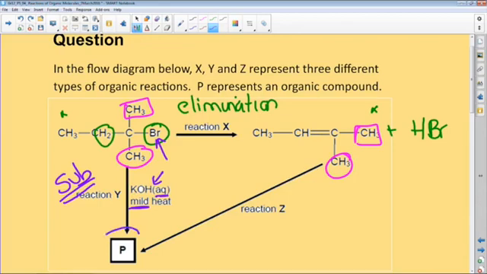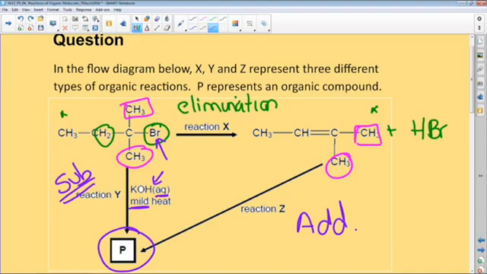Because this compound is created by both of these, by the haloalkane and the alkene, the only way the alkene can become a saturated hydrocarbon is for this to be an addition reaction. Now, what that addition reaction is, we don't know yet, because there's lots of things I could do here.